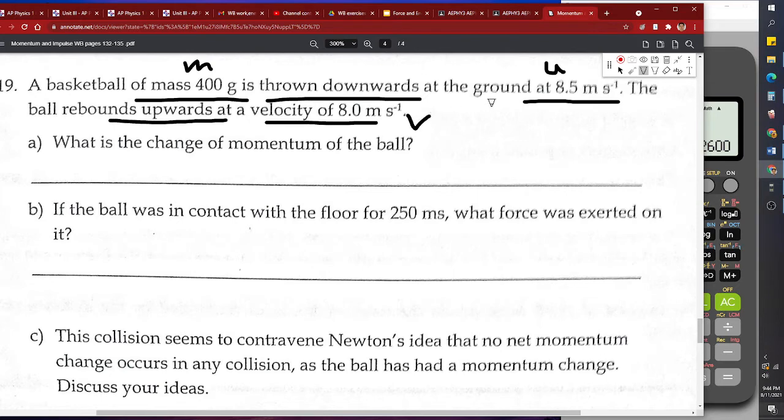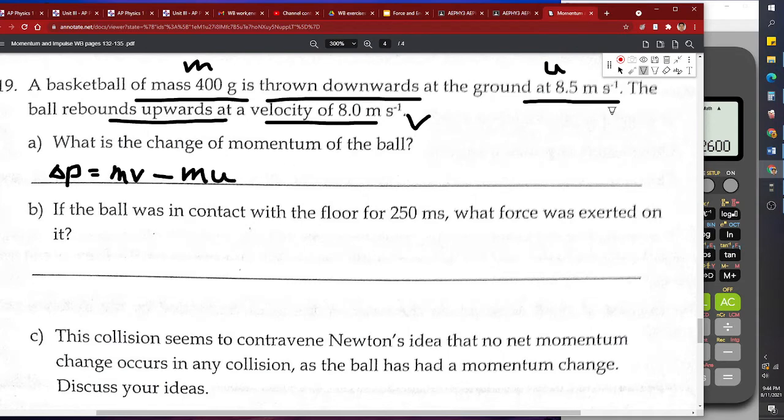So there's V. What is the change in momentum? We have U, we have V, we have the mass. The change in momentum would be the final velocity minus the initial velocity.